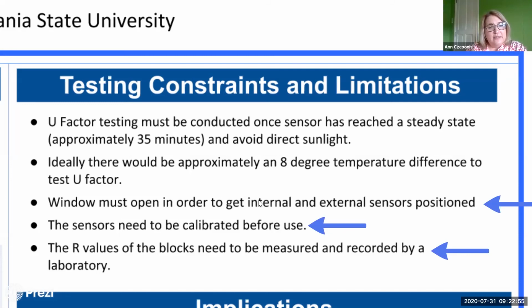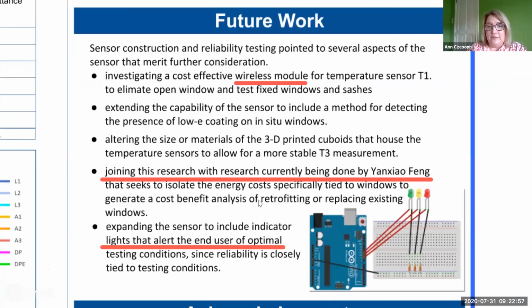We think that there's an exciting reason to continue the work and a way that we can expand on it. We could develop a wireless module for the outside unit. That would allow us to measure those temperatures and test windows that are fixed or sashes that are fixed. Yang Xiaofeng is doing some really interesting research that allows her to isolate the energy costs that are tied to windows.